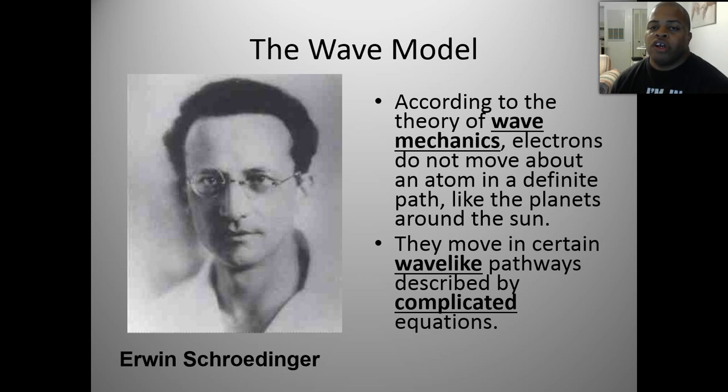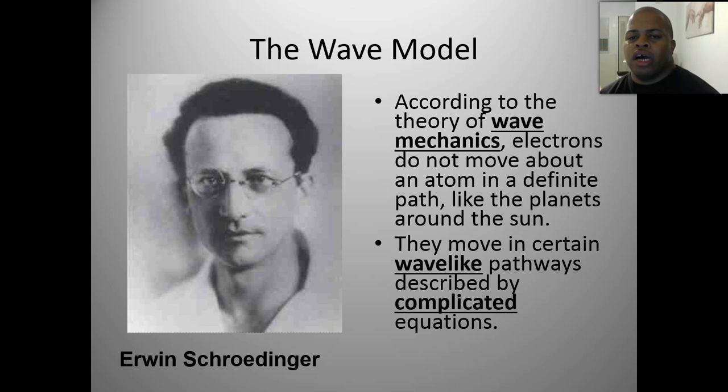If you've heard of Schrödinger's cat, this is the man they're talking about. Basically, the model that we used was all based on what's called Newtonian mechanics, a very, I guess, one-dimensional setup.